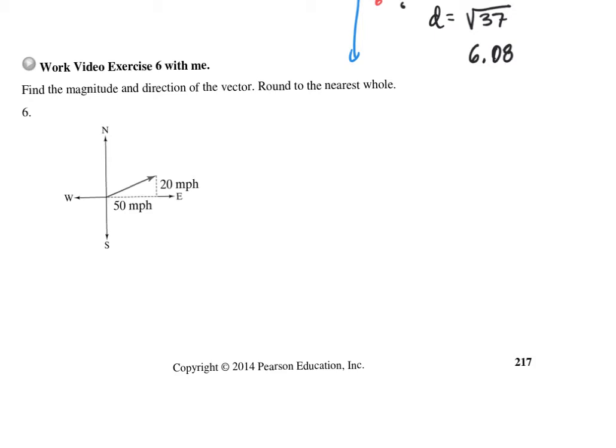Now we need the direction. The magnitude of a vector is the distance from the initial point to the terminal point, and the direction corresponds to the direction the vector points. So this is 6.08. Now we're going to find the vector's direction.